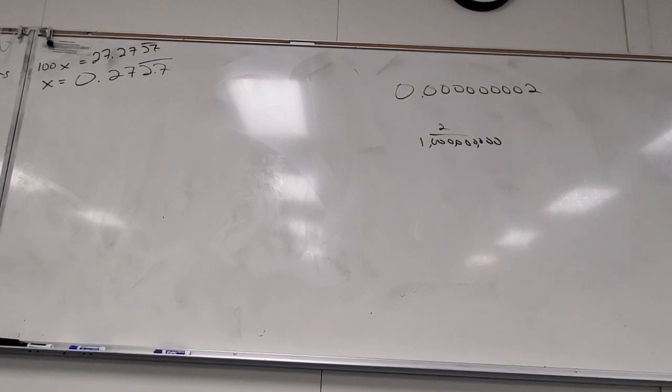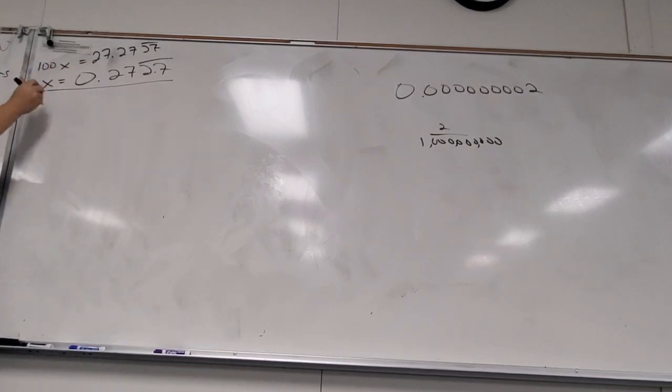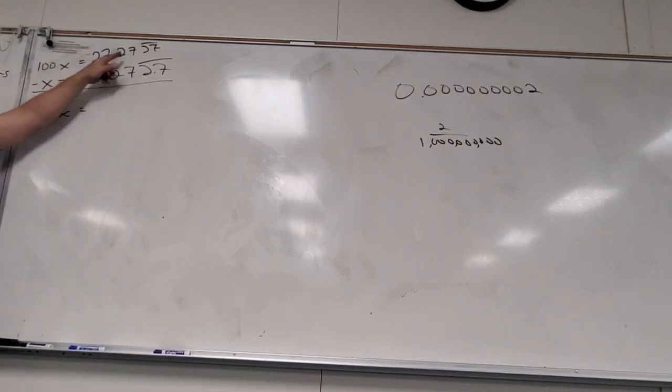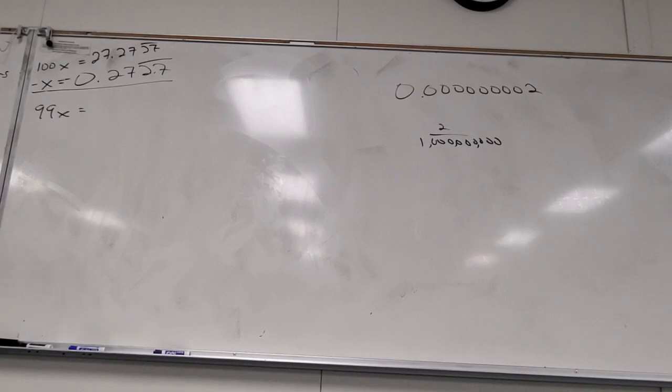So watch what happens. How do I make the infinite 27s cancel? I just subtract. 100x minus x is 99x. Is that cool? And what's 27.27 forever minus 0.27 forever? The 0.27 forever just cancels.